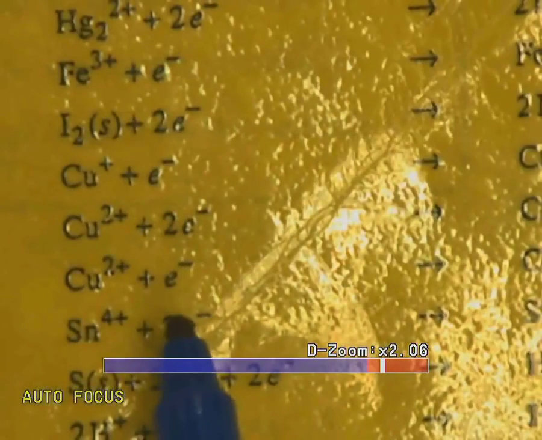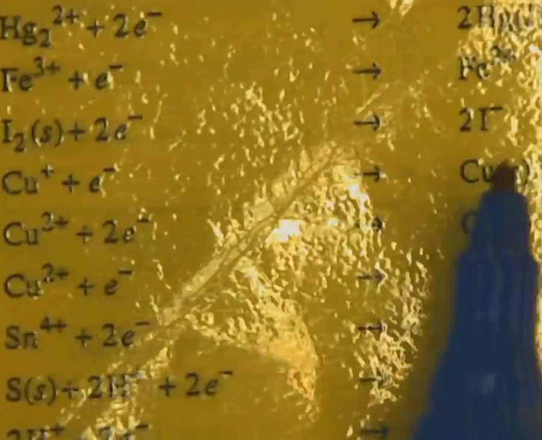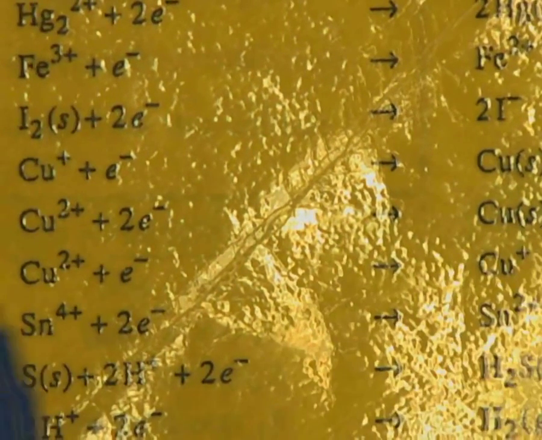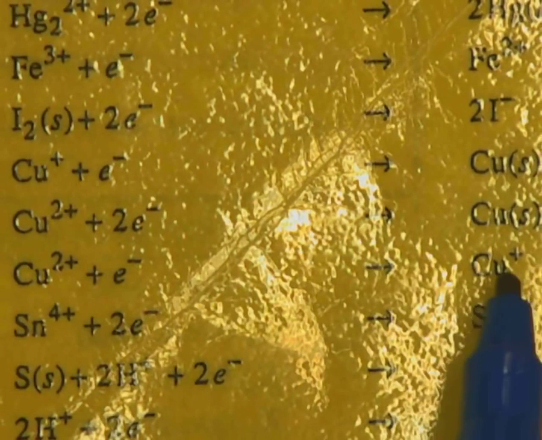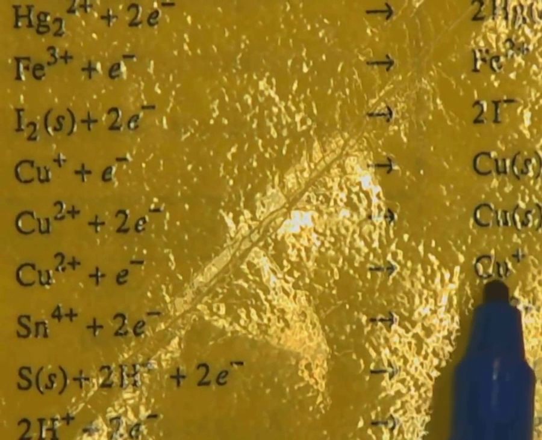And there's a couple different copper ones, so you have to be really careful what you're looking at. Okay? You'll notice there's copper plus 1 plus an electron goes to copper solid. There's copper plus 2 electrons goes to copper solid. There's copper plus 2 plus an electron goes to copper plus 1. Well, which one are we actually looking for?